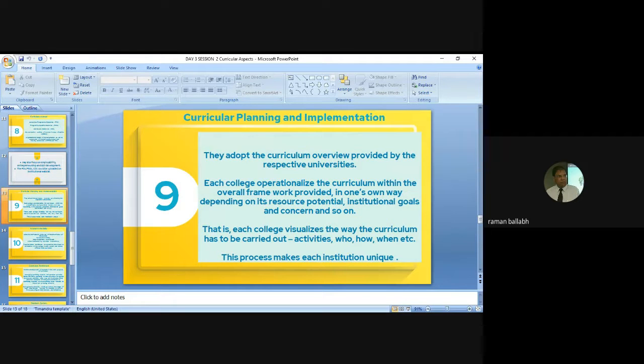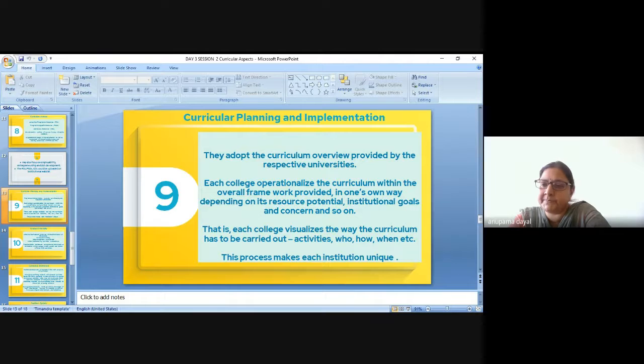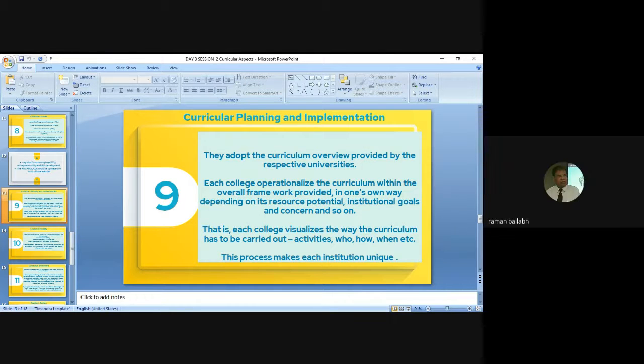And in the curriculum, it becomes what, why, when, how, everything incorporated with an outcome. The syllabus is only the subjects.